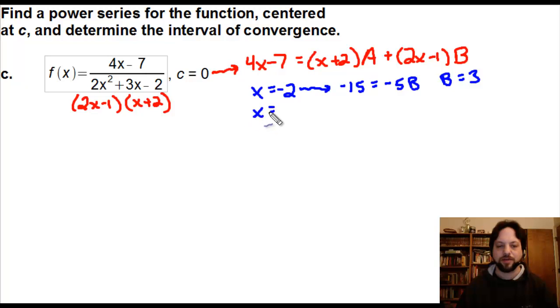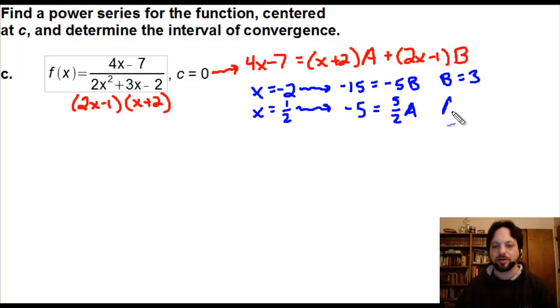And one more time, if I let x be 1/2, that will eliminate the b term over here. And if I do this, I'm looking down at my notes, but I'll end up with negative 5 equals, and then over on the right side I will have 5/2 a. And clearly that means that a will have to be negative 2.